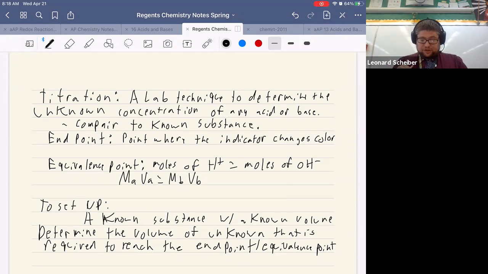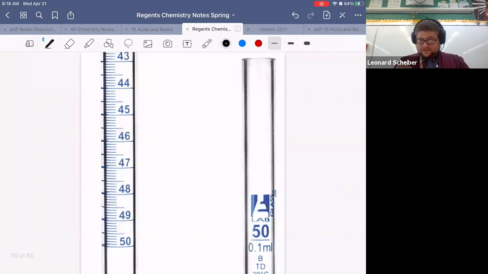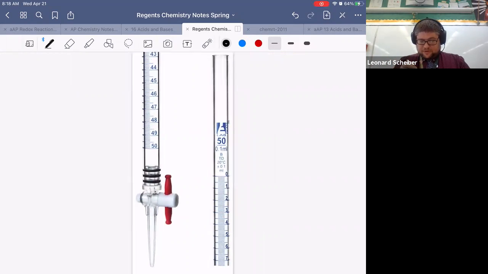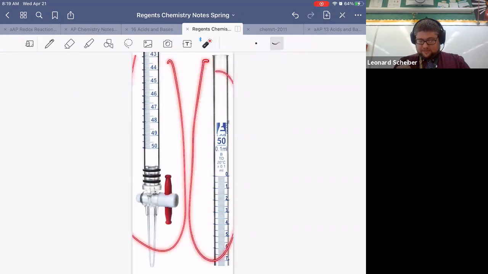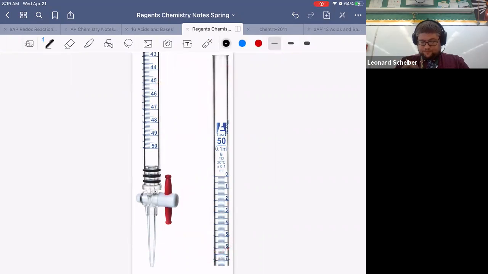Now we have some special equipment, and the first piece of equipment we have is something called a burette. These are two halves of the whole burette, right? This is the bottom half. This is the top half. This piece would go on top of that piece. This here has a funny name called the stopcock, right?